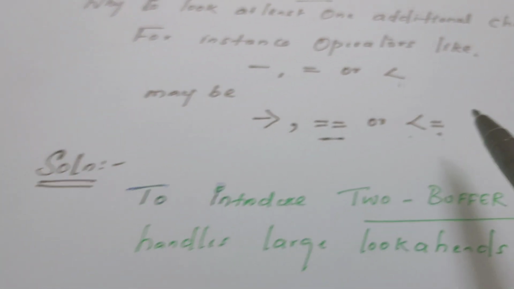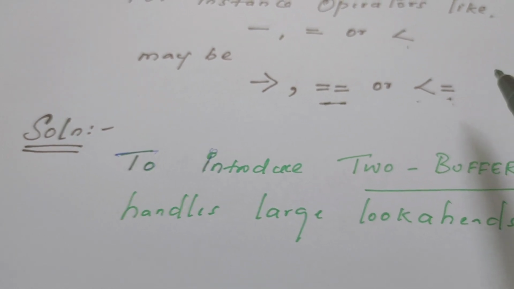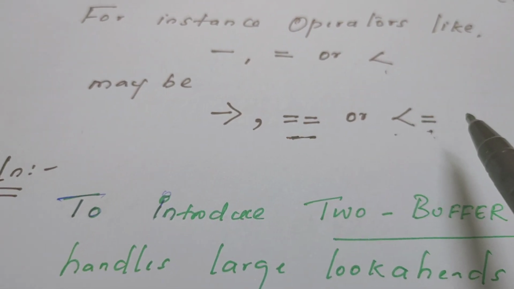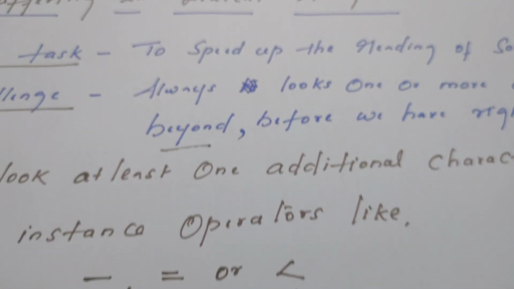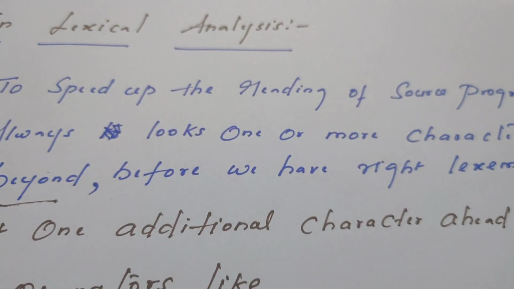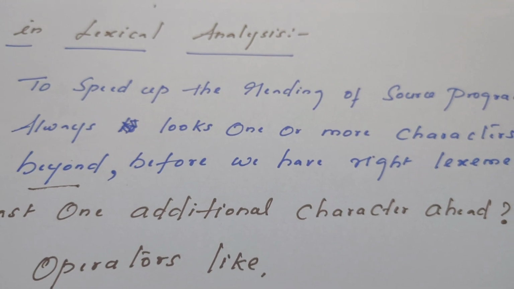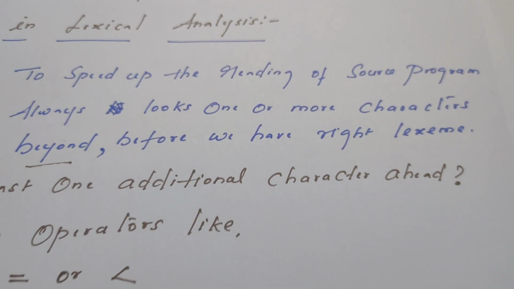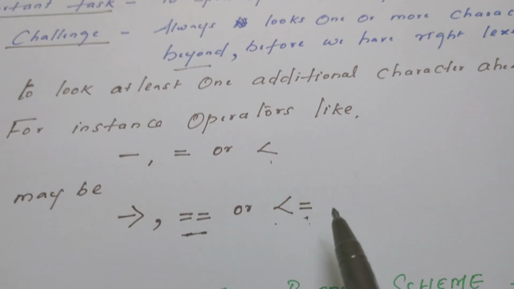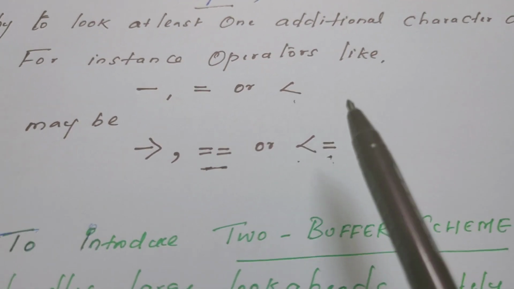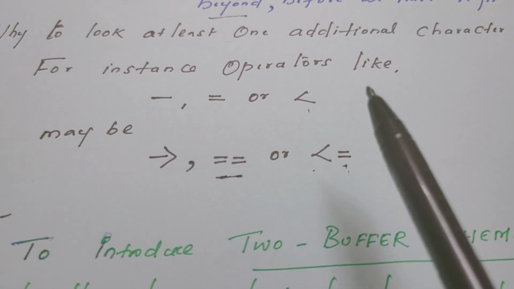So the lexical analyzer, when reading the source program from the input buffer, always needs to look ahead one or more characters to identify the right lexemes. Whenever it looks one or more characters ahead, it adds additional overhead for the lexical analyzer.